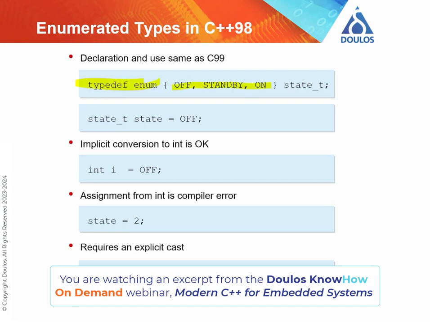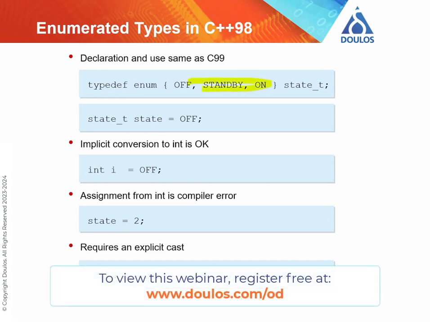And that's a potential problem because it's very easy to inadvertently have an enum where you've reused a name that's already in scope, and then that's going to cause you problems.